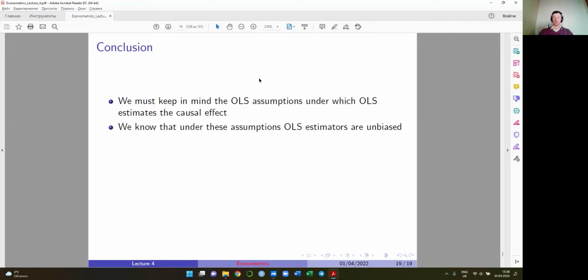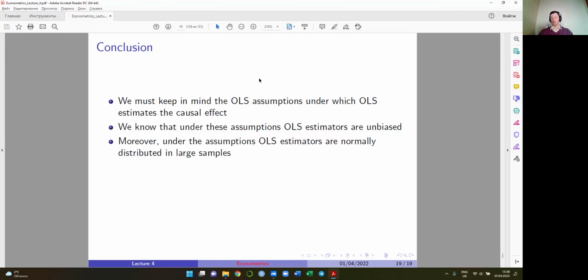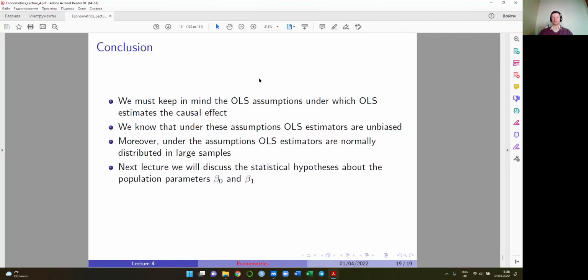With the help of these assumptions, we know that OLS estimators are unbiased, which is also an important thing for practical implications. So we know that under these assumptions, estimators are normally distributed in large samples, which gives us a chance to conduct statistical hypothesis tests and build confidence intervals about population parameters beta 1 and beta 0.